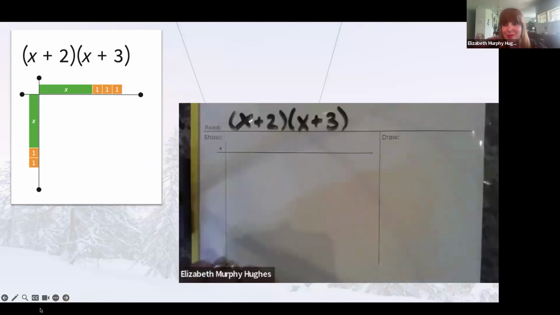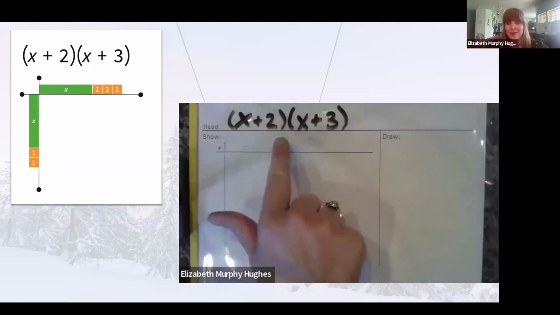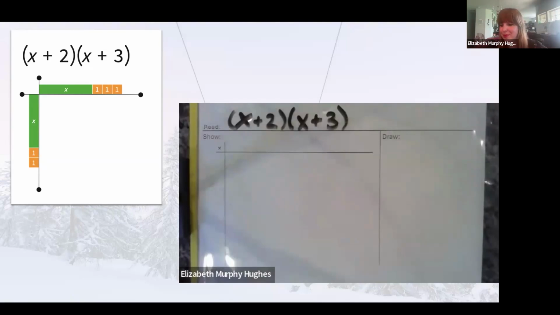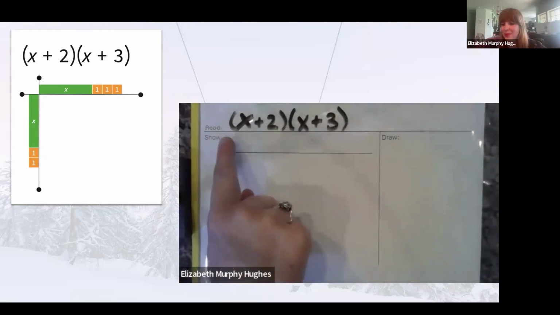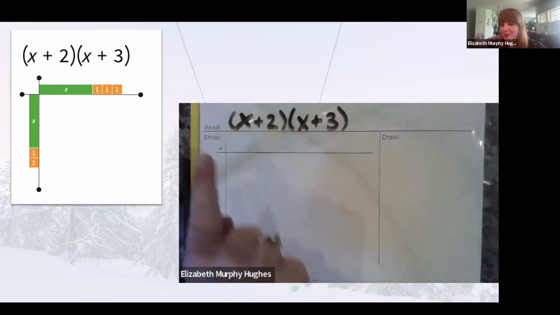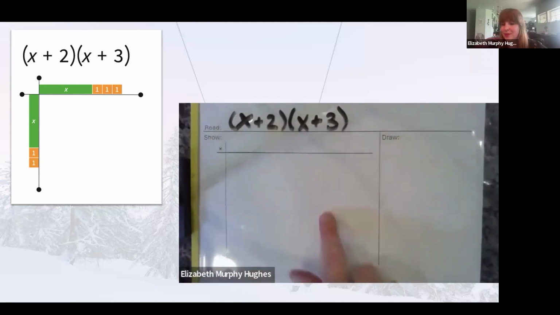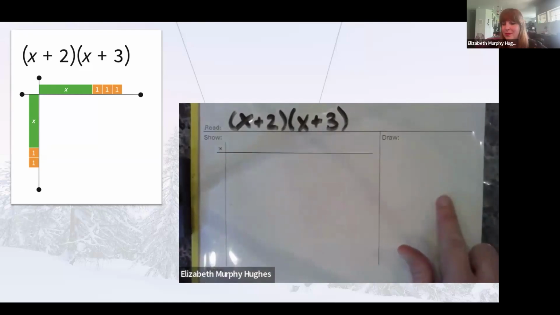In this video, we're going to simplify the expression x plus 2 times x plus 3 using algebra tiles. My graphic organizer has a place for us to write the expression and read it, a place to show our work, a place to draw a representation, and then a place to write our simplified expression. So the first thing I want to do is set it up.